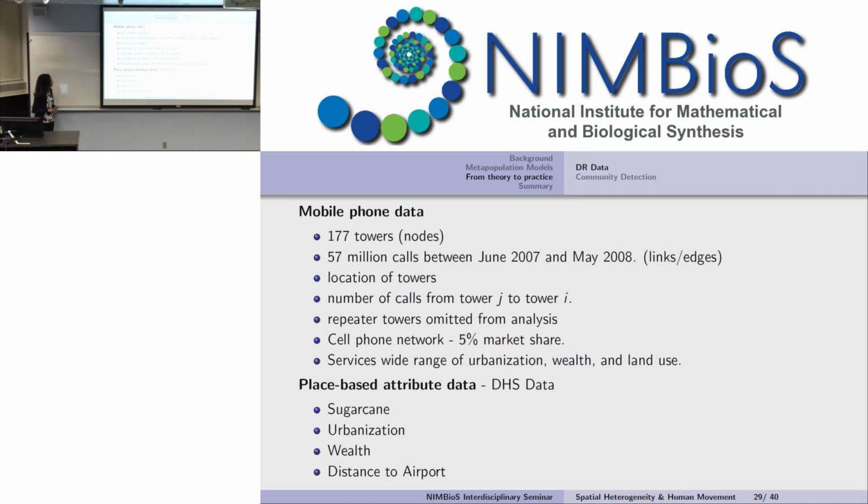We also wanted to look at some place-based attributes: sugarcane, urbanization, wealth, and distance to airport. Our goal was to see whether we could use the cell phone data and these place-based attributes to determine community membership, so which of these towers belong to the same community. The idea being that people who talk a lot with each other are perhaps more likely to interact with each other.